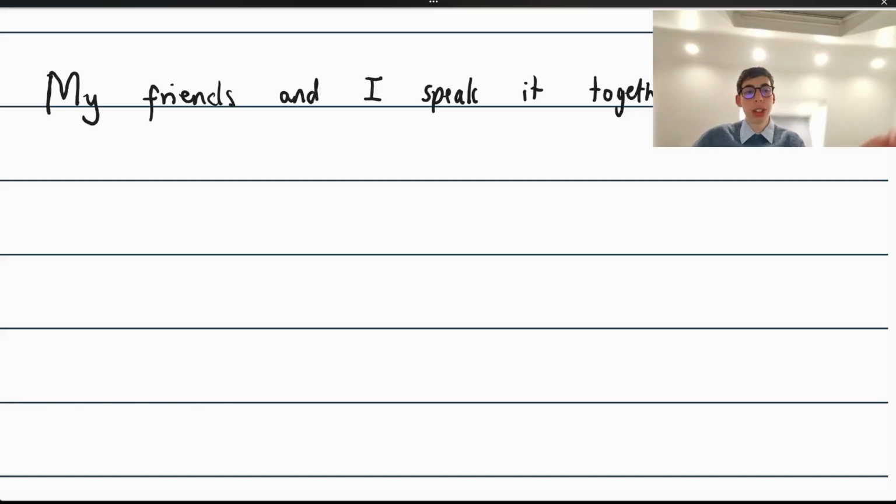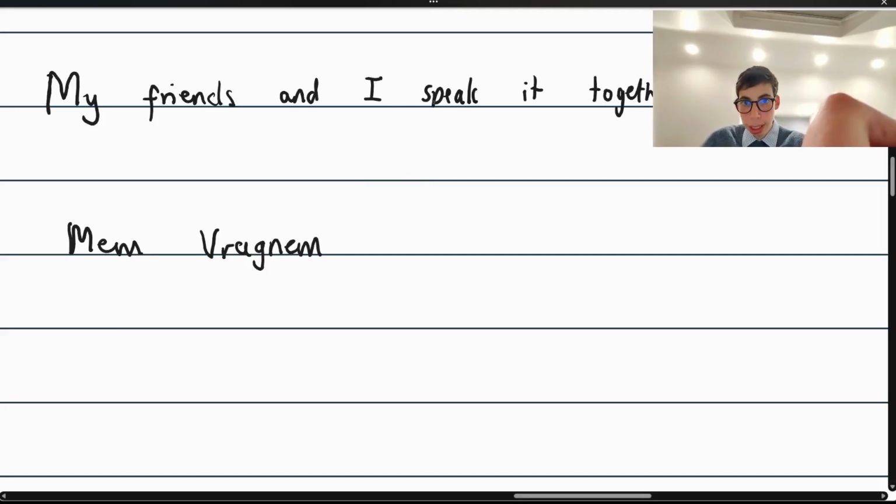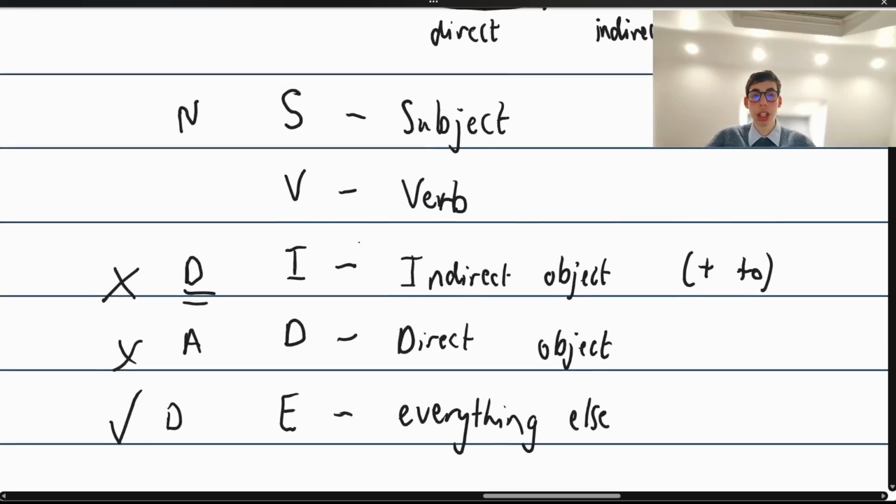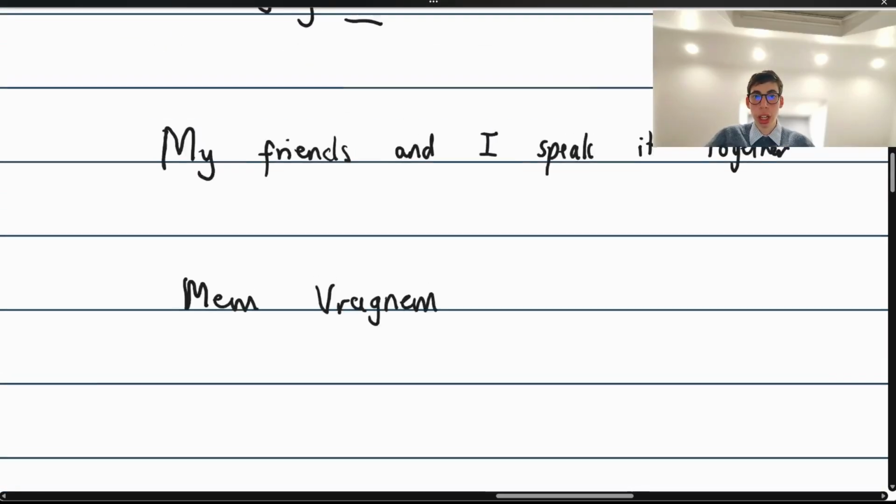So, we just used mem vreinem to mean my friends in the dative. But if this is before the verb, what's this going to be? This is going to be in the nominative, right? I wrote that up here. It's going to be in the nominative.